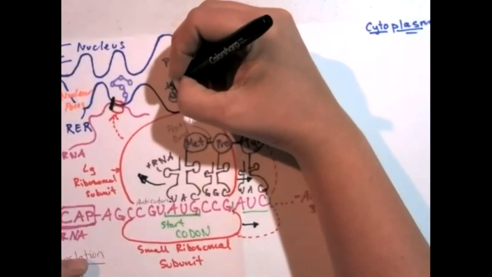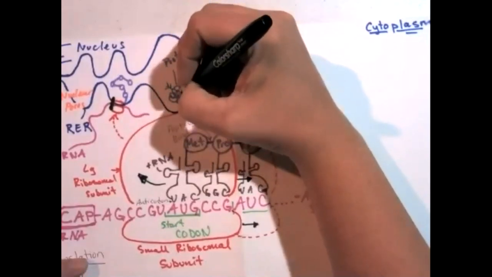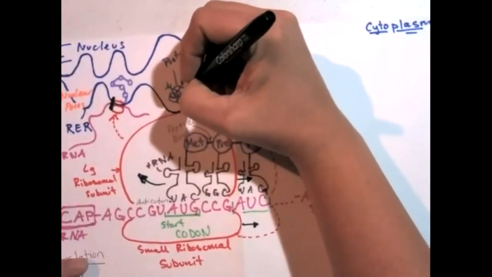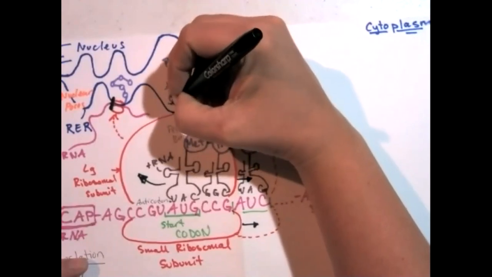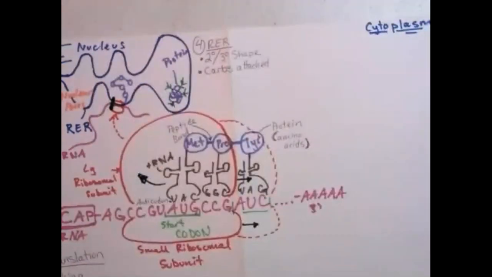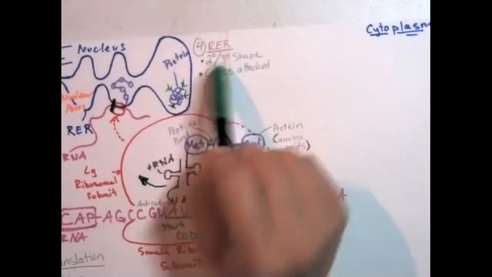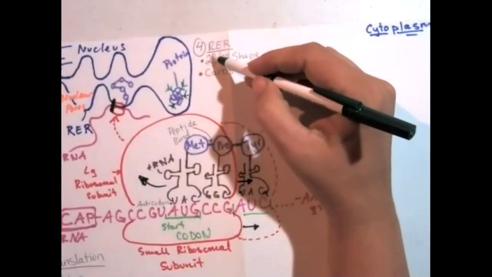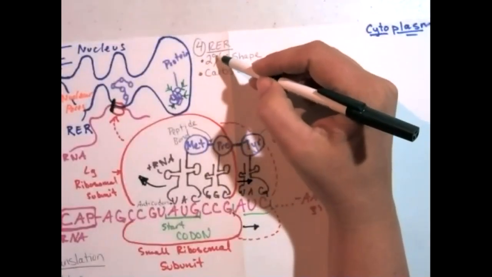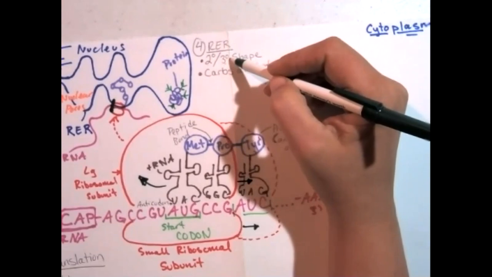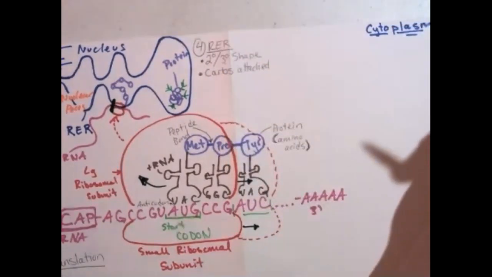So I'm just going to draw like really branched, kind of unruly little hedges here. Secondary and tertiary shape, just a note on annotation here. 2 with a little degree sign means secondary. 3 with a little degree sign means tertiary, just so you know. And carbohydrates are attached.